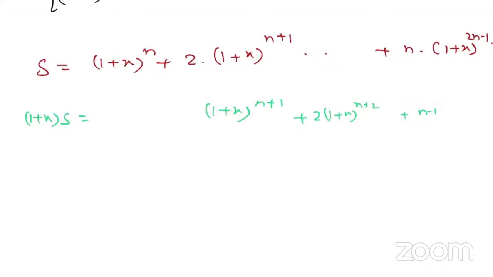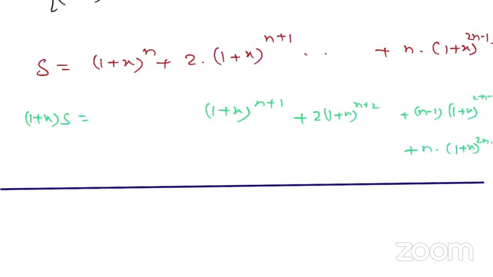Last is n minus 1 into 1 plus x to the power 2n minus 1, plus n into 1 plus x to the power 2n. Subtract both the terms. While subtracting, you have to be careful.